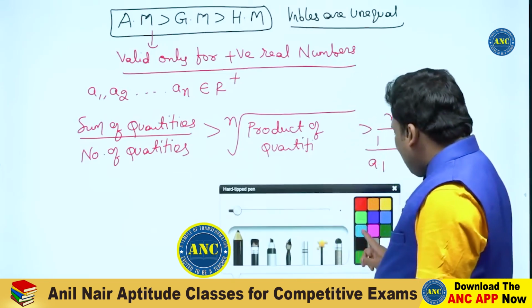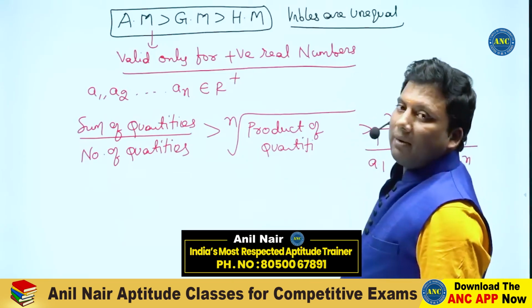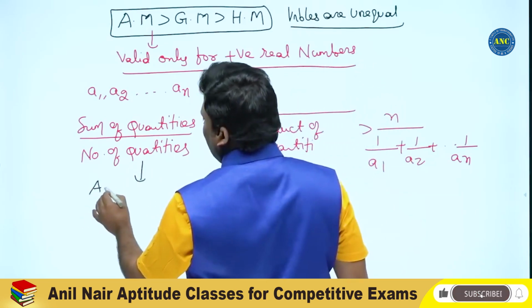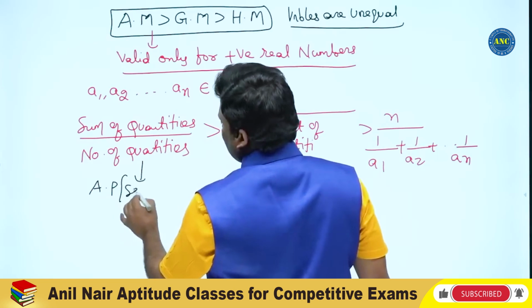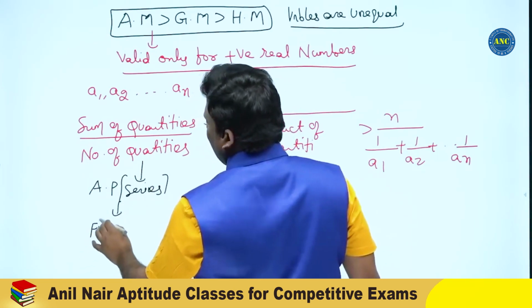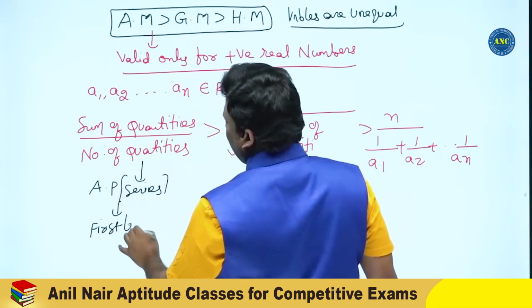Arithmetic mean is given by sum of the quantities by number of the quantities. If the series is in AP, it is also given by first term plus last term by 2.